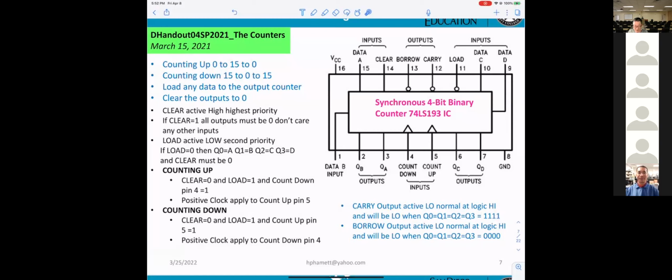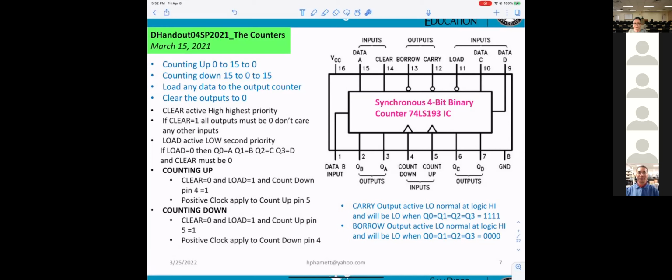So this is basically IC 74193. And I also want to make sure you understand 193 and 191 will be binary counters. However, if you get an even number, 190 or 192, that will be a BCD counter.